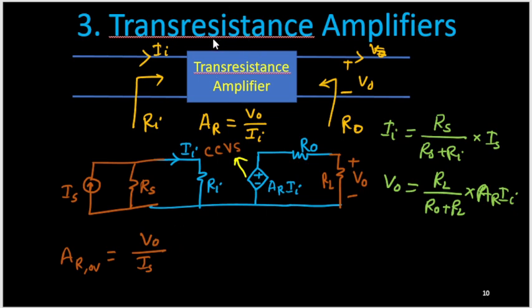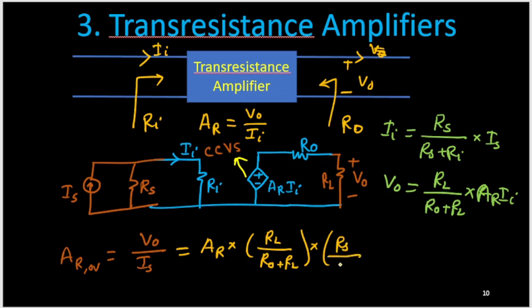So the actual value is AR without input and load, but these two factors will be multiplied. One is RL upon R0 plus RL. Another one, coming from here, is Rs upon Rs plus Ri.